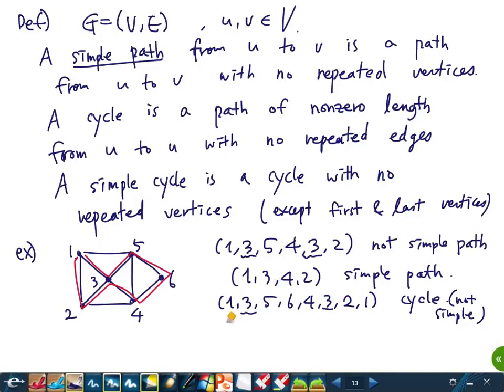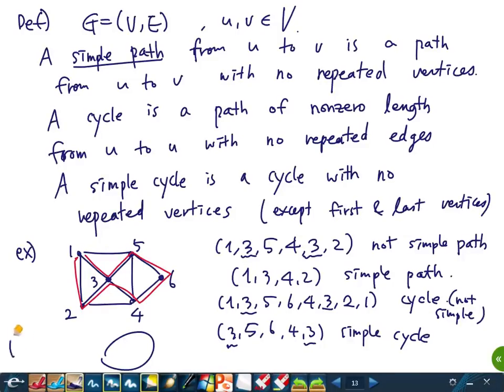What is a simple cycle? It's just like 3, 5, 6, 4, 3. This is a simple cycle. 3 and 3 may look like repeated vertices, but we don't count them as repeated because it always returns to 3. The starting and ending points are not considered repeated vertices. A simple cycle always looks like this.